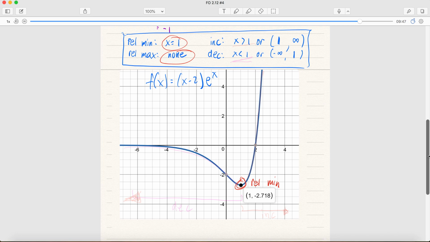It's increasing when x is greater than 1. Yep, at this point, all these values are going up as x increases, so these are increasing, which is correct. And we know that it's decreasing when x is less than 1. And that's right. As we go this way, the graph goes down this whole time until it reaches 1.